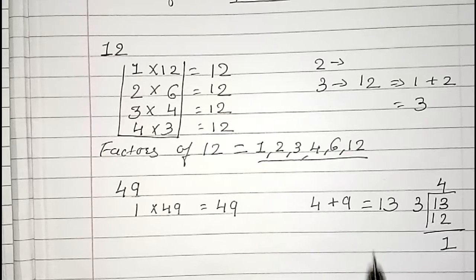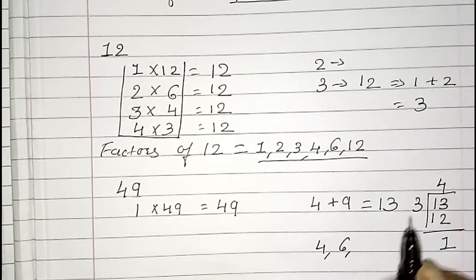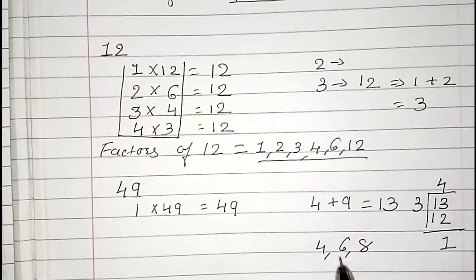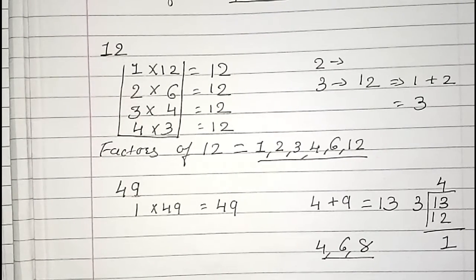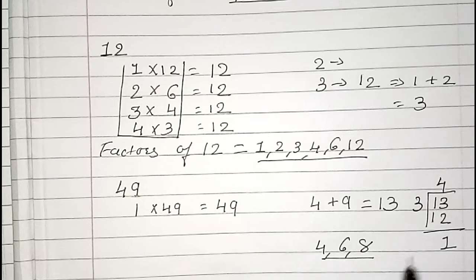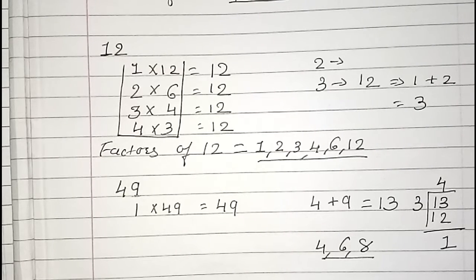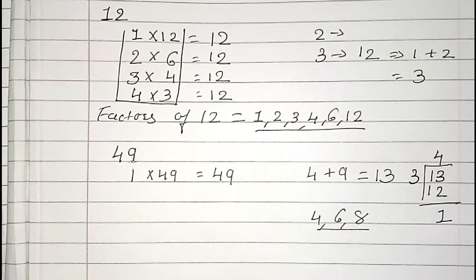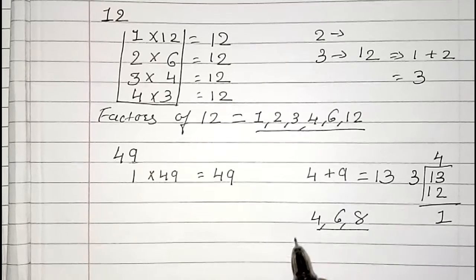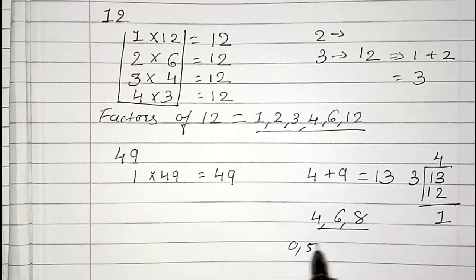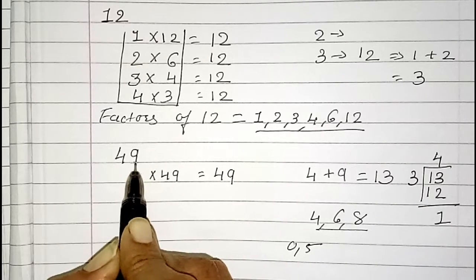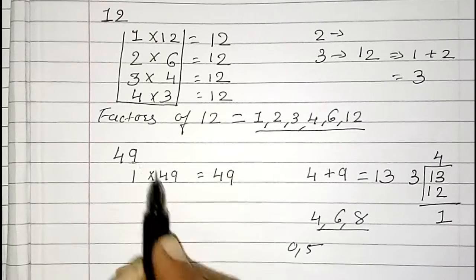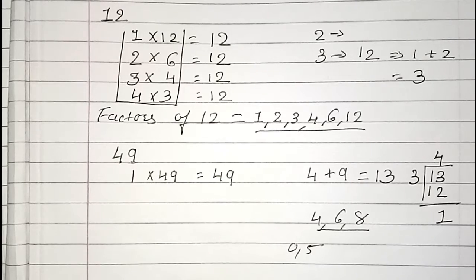Now 4, 6 and 8. If it is an even number then it can be divided by these. If it is not an even number, then it cannot be divided by 4, 6 and 8. For 5's divisibility, we know the ones place should be 0 or 5. In 49 the ones place is not 0 or 5, so 49 cannot be divided by 5.